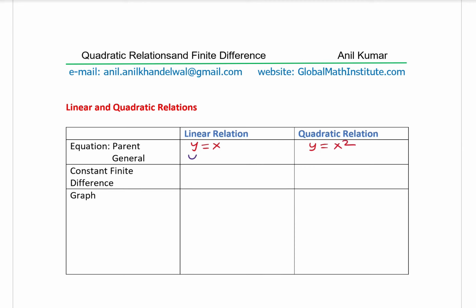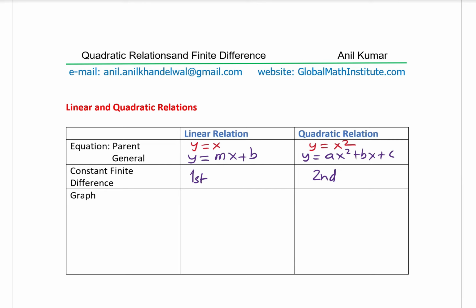The general equation is y equals mx plus b, and the general equation here is ax squared plus bx plus c. As you can note, bx plus c is the linear term, and we have an additional ax squared. Constant finite difference: in this case, first, and in this case, second, finite difference is constant.